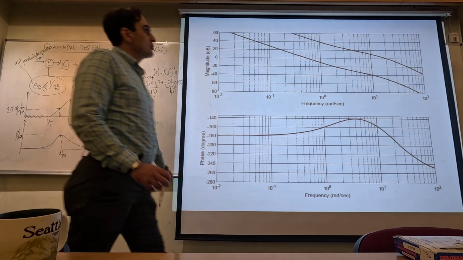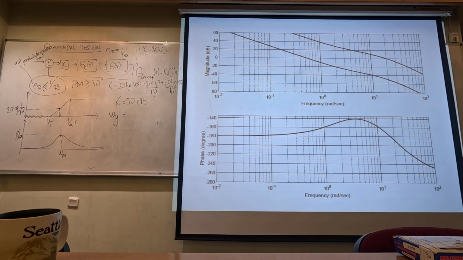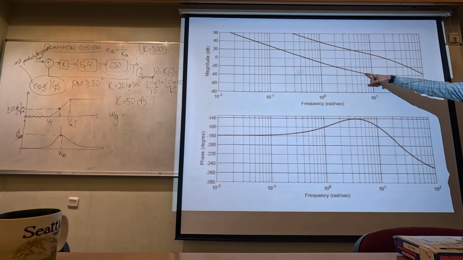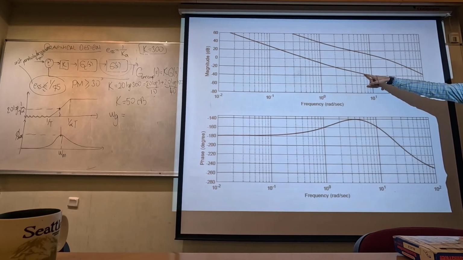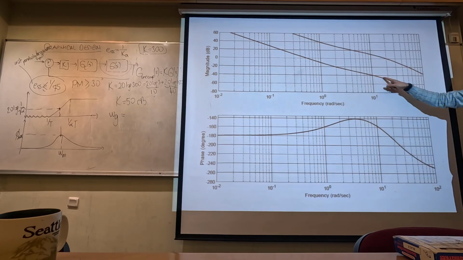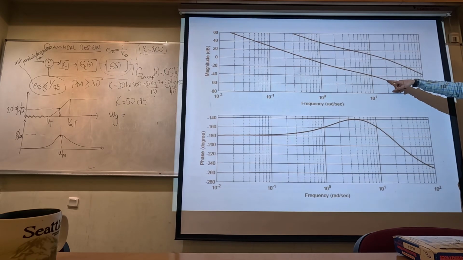I'm going to look at where this plot crosses 0 dB. It is here. If I look at this plot, then I'm going to be looking at the intersection with 0 dB. If I concentrate on this plot instead, where should I look for the intersection? Minus 50 dB in that case. It's going to be here again.